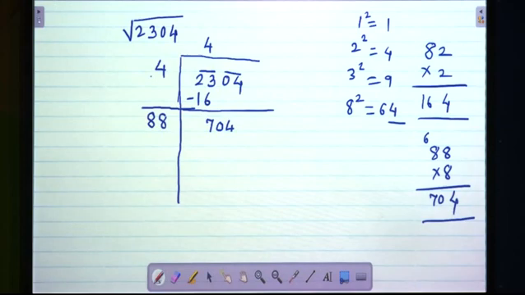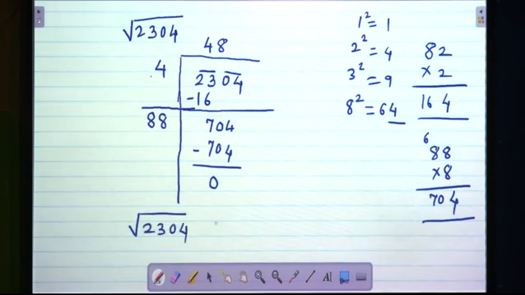We have guessed the digit 8 and it is multiplied by 8. So, 88 8s are 704, we get the remainder 0. So, square root of 2304 is equal to 48.